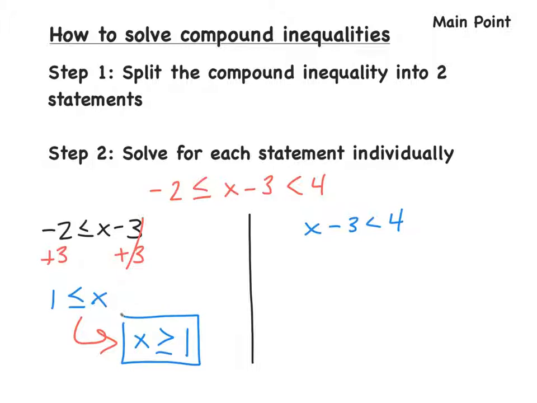So there's our first one. Second one, we'll do plus 3 on both sides. So now we have x is less than 7. So now we have the compound inequality solved for each separate statement.